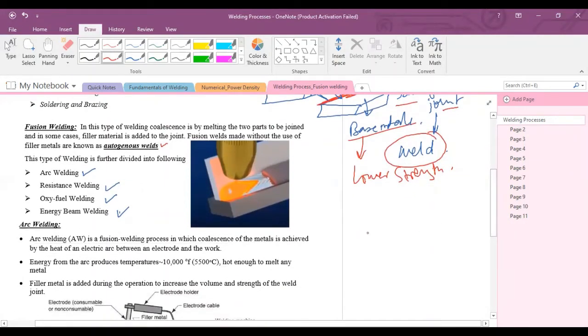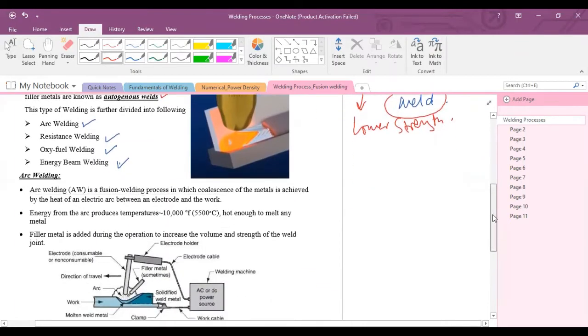An electric arc is generated between the workpiece and the electrode. This electric arc generates heat at a temperature of 5,000 degrees centigrade. It is the maximum temperature that an electric arc can produce, and this temperature is sufficient to melt any metal.